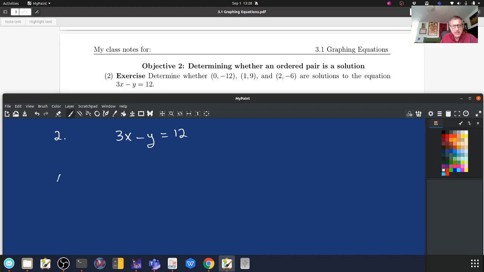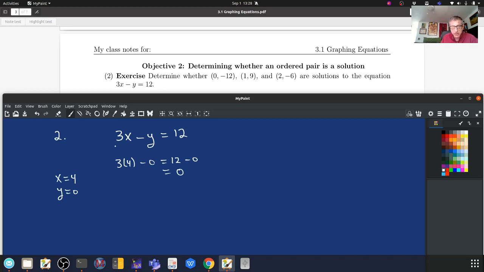So if I say let's let x be equal to 4 and y be equal to 0, then I get 3 times 4 minus 0, which is equal to 12 minus 0, which is equal to 12.